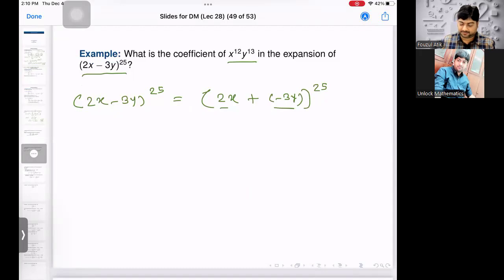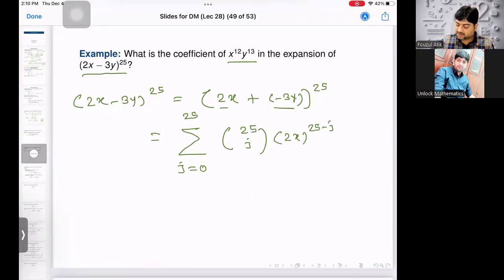Now, according to the binomial theorem, this is equal to summation of j equal to 0 to 25, then 25Cj, then in place of x, I will have 2x to the power 25 minus j into minus 3y to the power j.